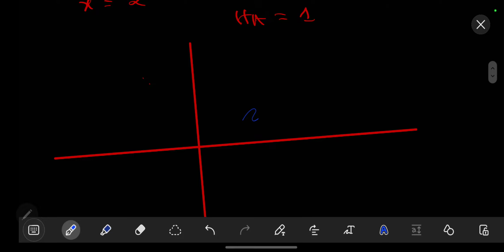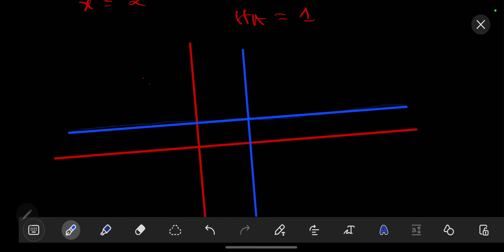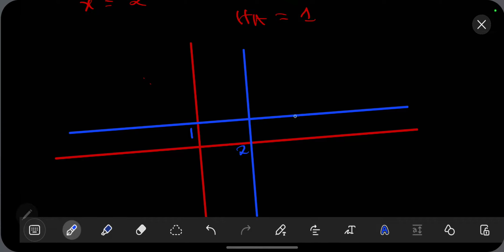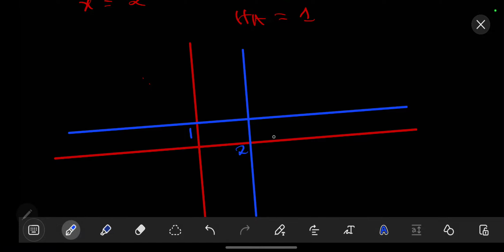The one at 2, so x is equal to 2, occurs at this point. The other one, which is y is equal to 1, occurs at this point. So now we label them. We have a 2, we have a 1 there. Then we are going to study the behavior of the graph as we approach the right.